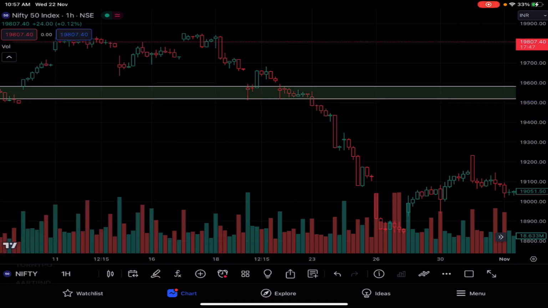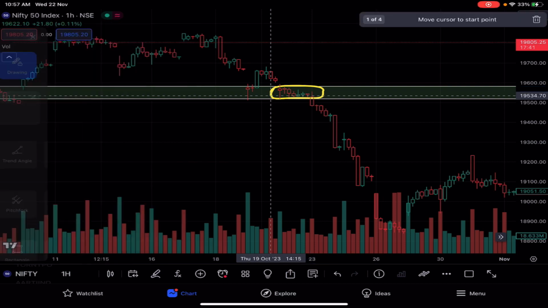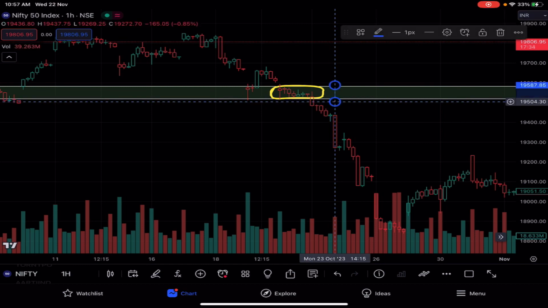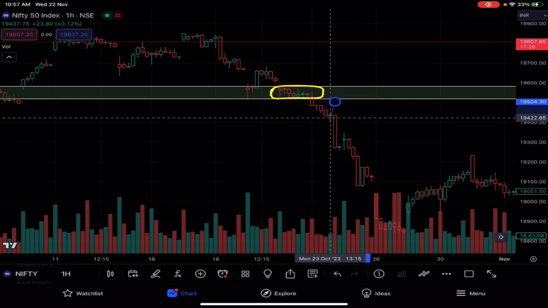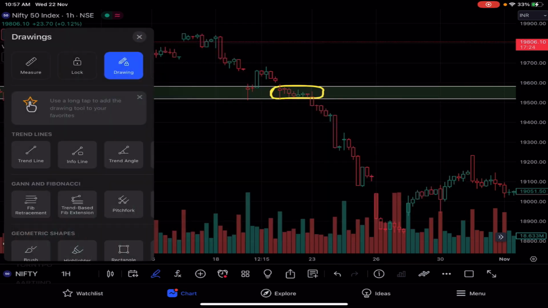Let me mark my area. So this is a rectangle, and what is the height of the rectangle? The height of the rectangle is from this high to this high. Let me show you again.